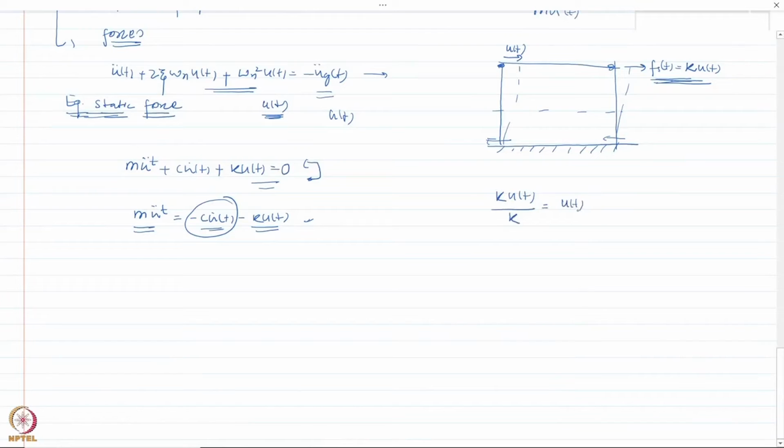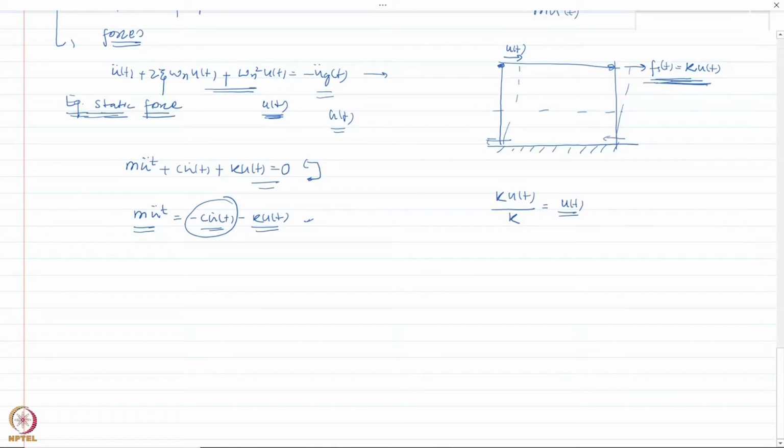So whether I do the dynamic analysis and find u of t in the system, or I apply an equivalent static force of k u of t and find the response, the response in terms of deformation would still be u of t. That's why we consider an equivalent static force.